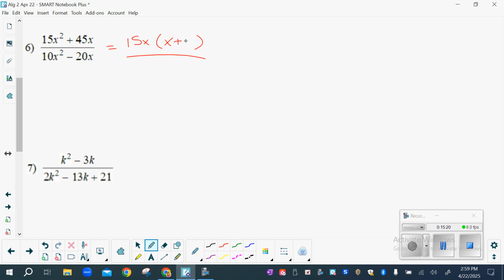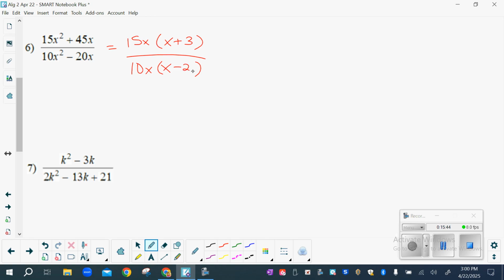Thank you, though. Yes. And then in the denominator, how do we factor the denominator? Do the same thing. Good, 10. Any letter that goes into both of them? 10x. And then what besides 2? X, and then minus or plus? Minus 2. Good.